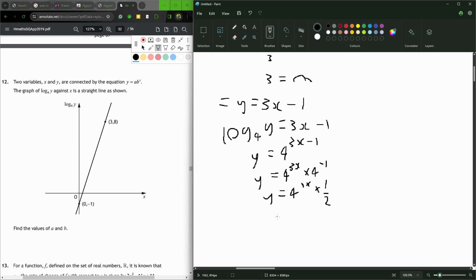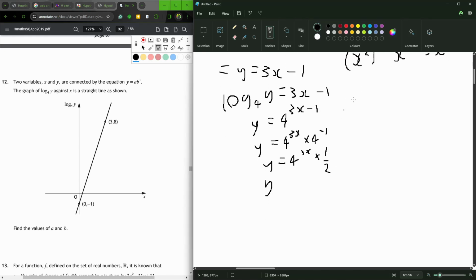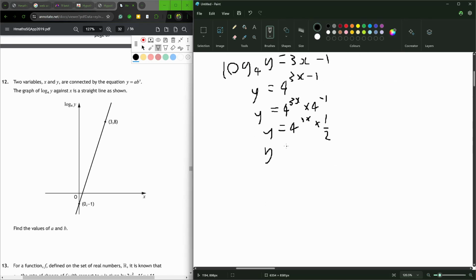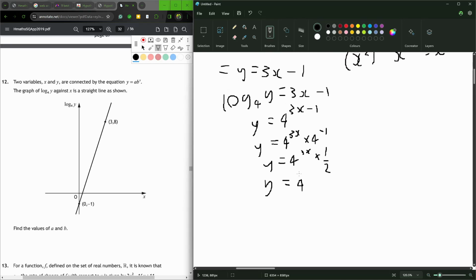Well, remember if I have x squared and then I have a power of 3, you can actually write that as x to the 6. So you can multiply them if you have powers of powers, which means we have 4 cubed to the power of x times a quarter, that will still be fine.